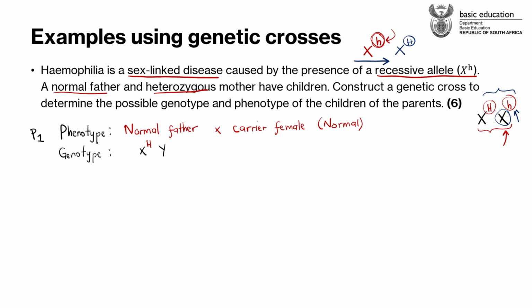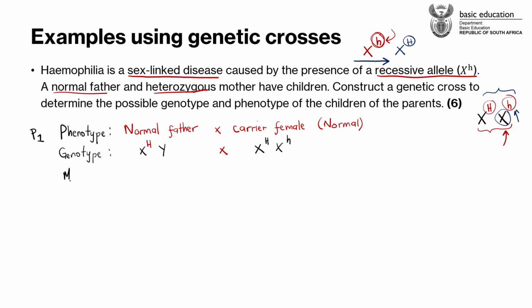In this case, the recessive is saying hemophilia, so the normal one will be a dominant allele. Don't just write XY. You have to be specific that the person here has a dominant allele. And for the female, we've already said it will be X with a capital letter H and X with a small letter h, since the female has been said to be heterozygous.